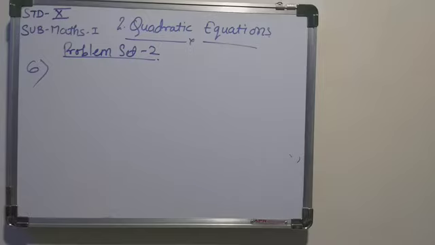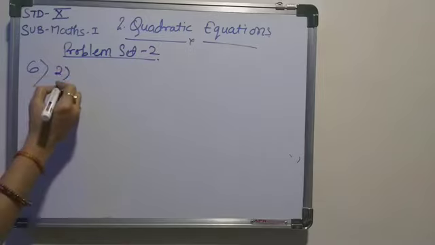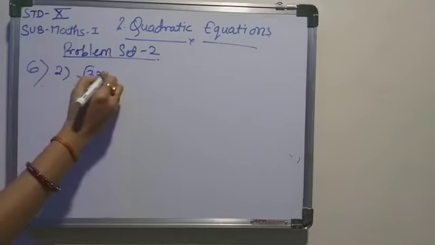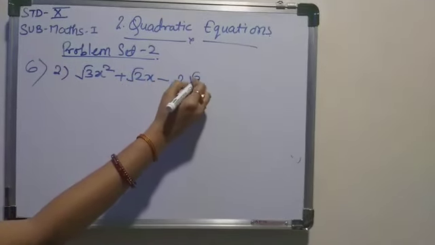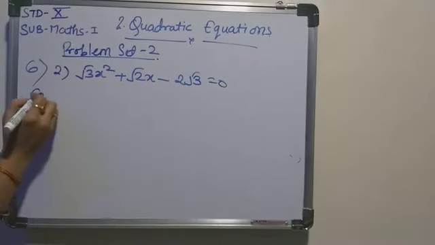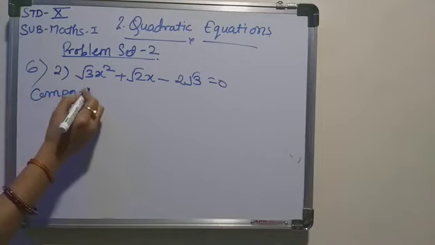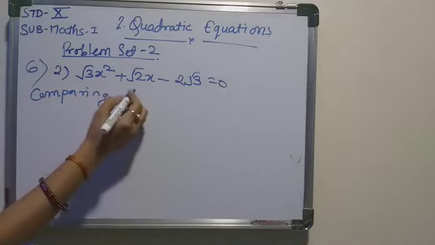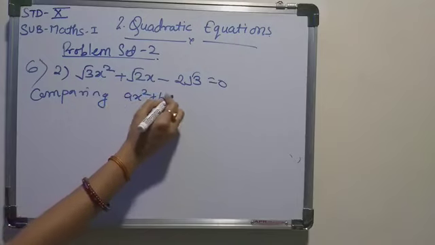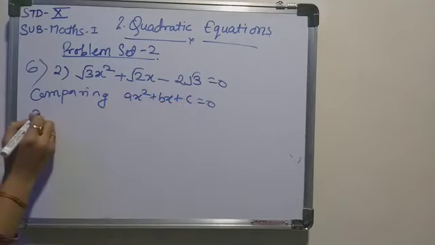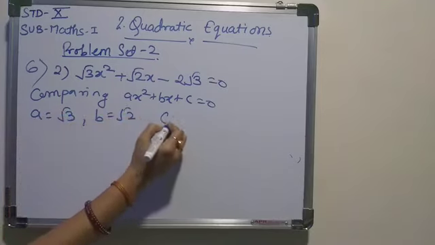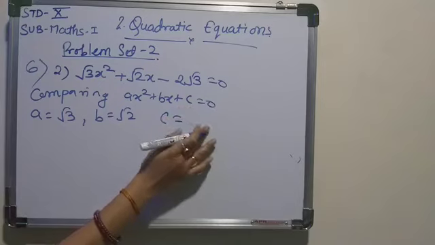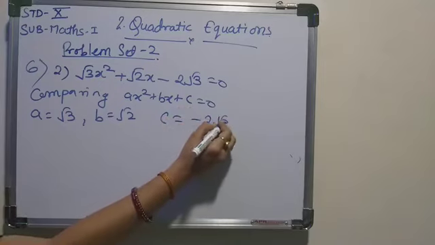So I'm just going to solve one question from this, sub question 2. Root 3x square plus root 2x minus 2 under root 3 is equal to 0. After doing a comparison, comparing this with ax square plus bx plus c is equal to 0, you will get a is equal to root 3, b is equal to root 2 and c is equal to minus 2 root 3.